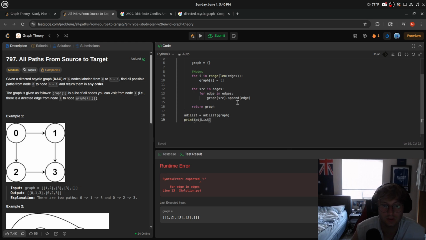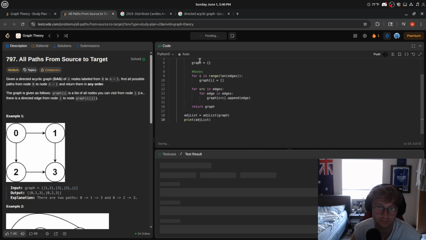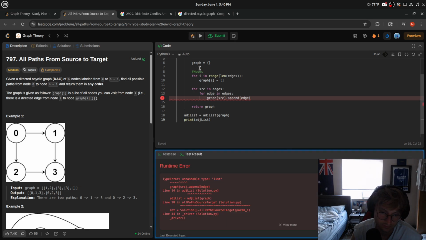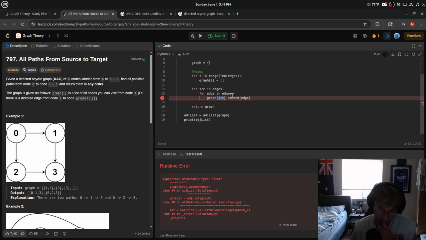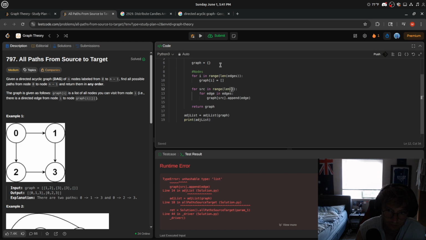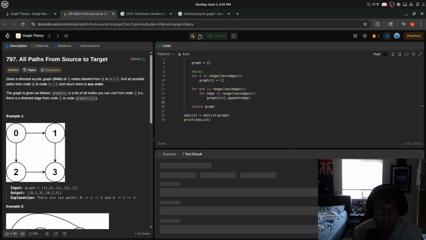Let's print out adj_list. Edge in range length of edges, we do graph[source].append(edge).